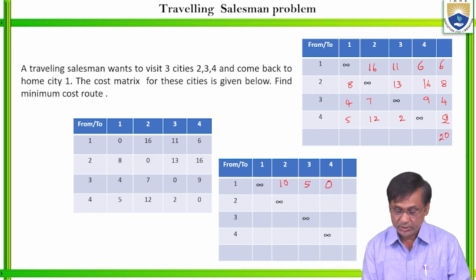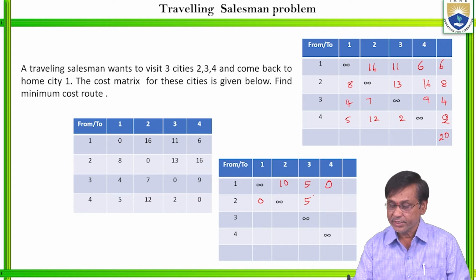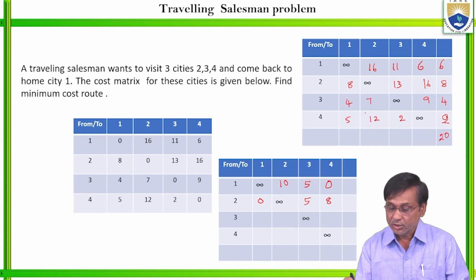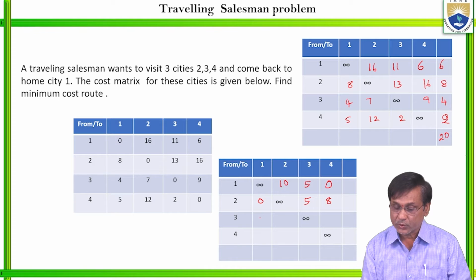In the second row, 8 minus 8 is 0, 13 minus 8 is 5, 16 minus 8 is 8. In the third row, the smallest element is 4. 4 minus 4 is 0, 7 minus 4 is 3, infinity minus 4 is infinity only, 9 minus 4 is 5.